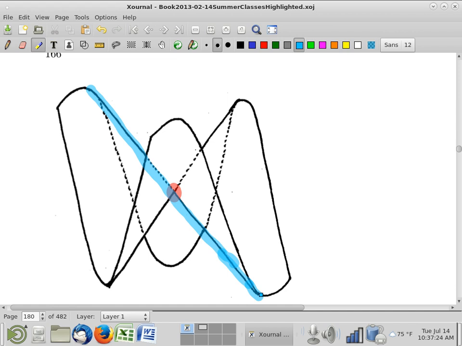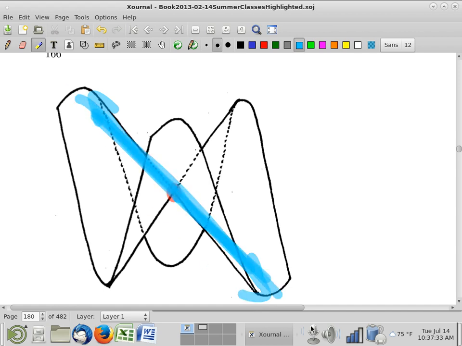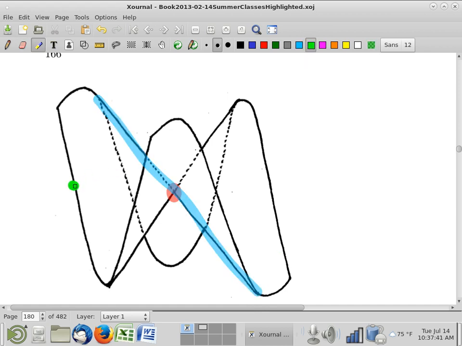And in doing so, because 3 is odd, that up is exactly opposite that down, and so you get straight lines. So this entire surface is made up out of a bunch of straight lines through the origin. Up, down, up, down, up, down.